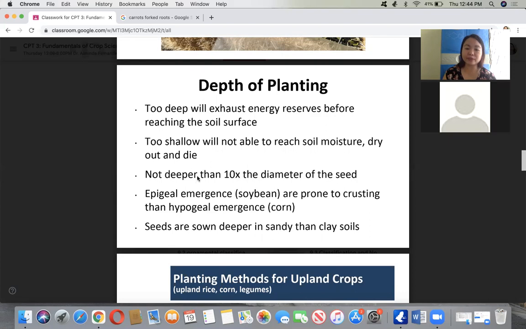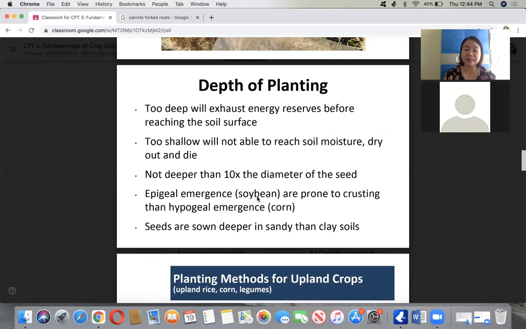So we also have another important note, the epigeal emergence. We all know from the previous discussion that epigeal germination is when the cotyledon is raised above the ground. Example for soybean, when it sprouts, you see the cotyledon above, right?